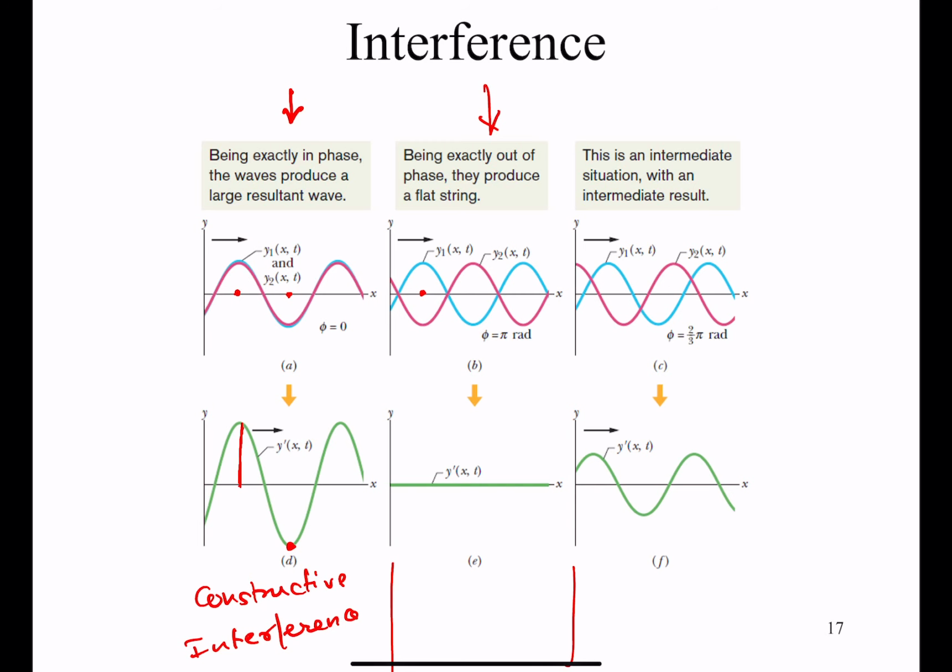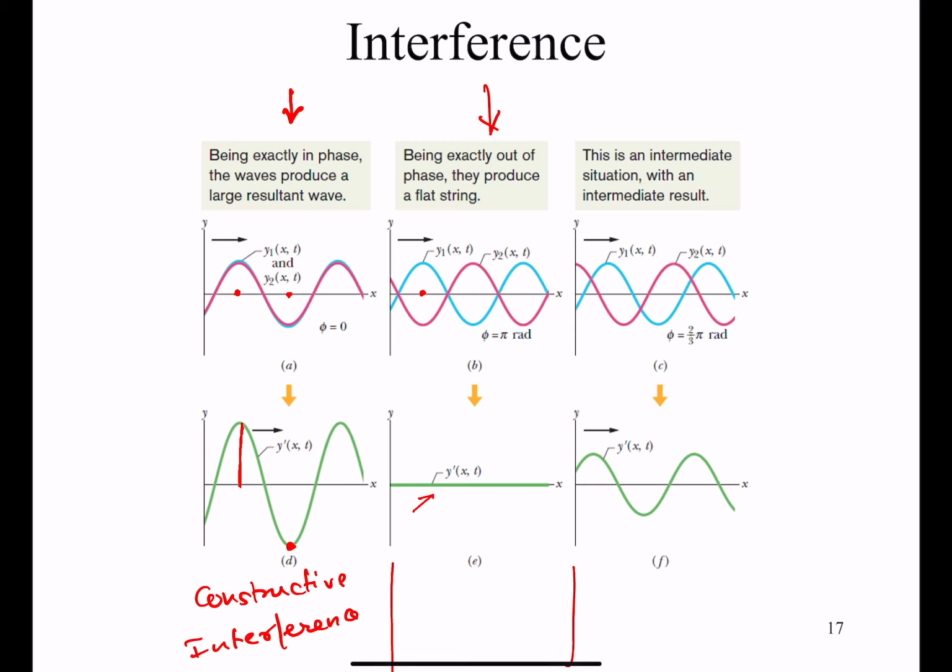So here the effects of the two waves completely cancel out. At every point, the two waves are trying to make it do completely opposite things. And as a result of that, their effects completely cancel out, and you have no wave at all. As you can see, the medium is not moving at all, because the waves completely cancel each other out.